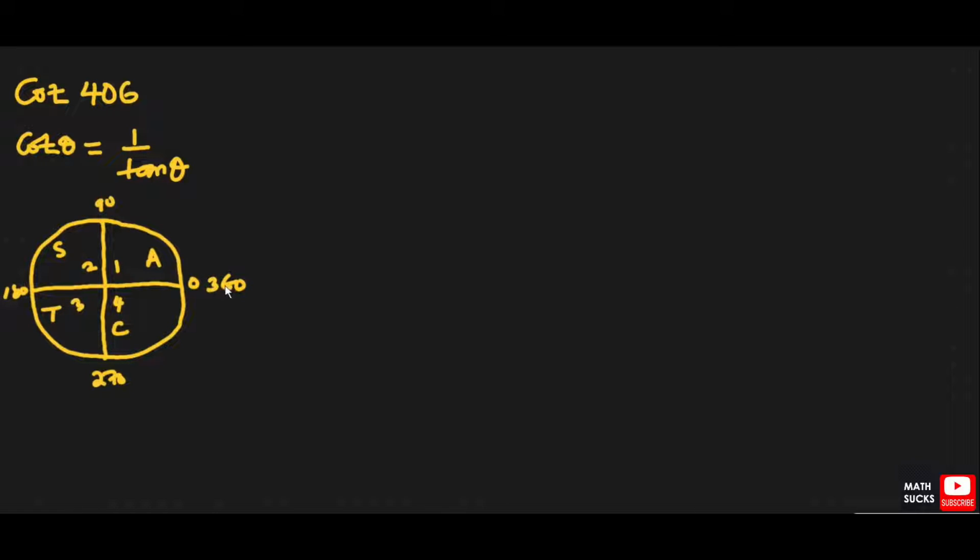If we have this 360, then if we move along through this quadrant, that's going to be 450, because 360 plus 90 is going to give us 450. And when you look at 406 and 450, it means that 406 is smaller than 450. So what does that mean? It simply means that 406 is an angle that falls within this quadrant.